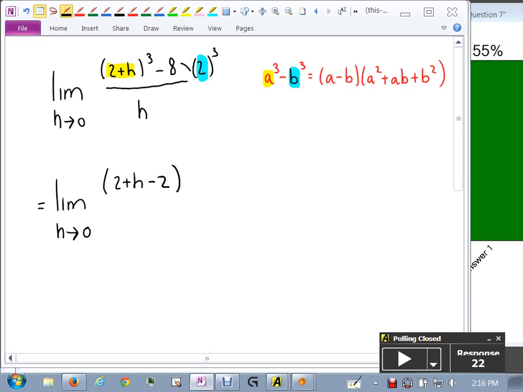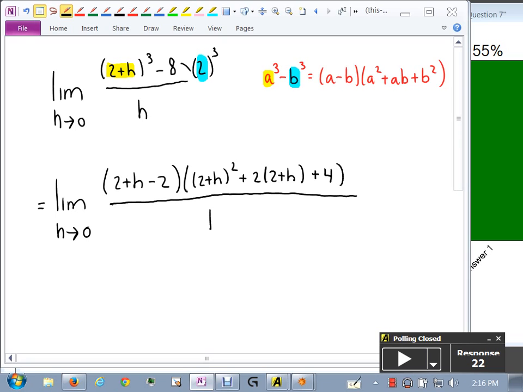So take away 2. And then I have the rest of it. What's a squared? Well, 2 plus h squared. I'll just write it there. 2 plus h squared plus, what's a times b? 2 times 2 plus h. And then what's b squared? B was 2, so 2 squared is 4. And then all of this divided by what? H.